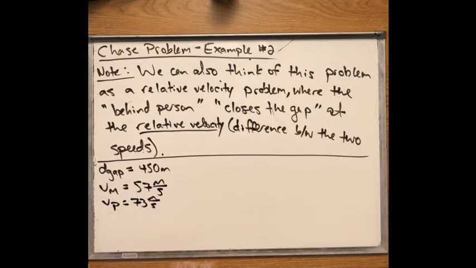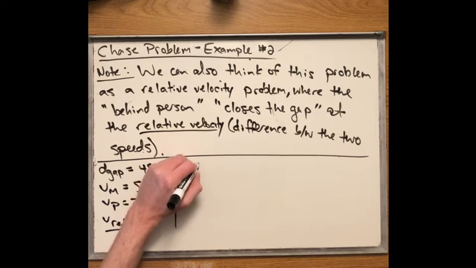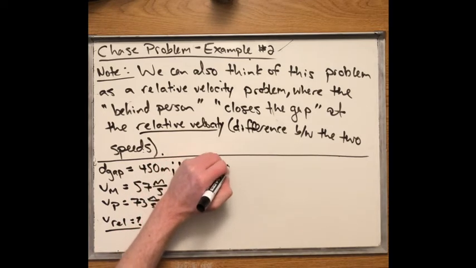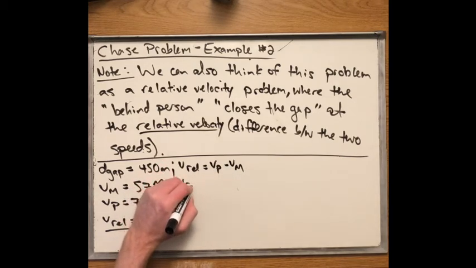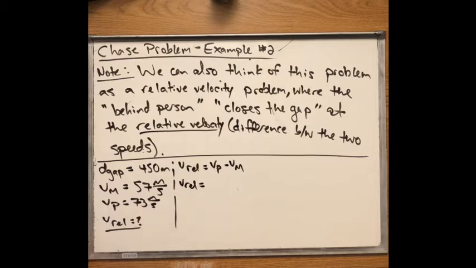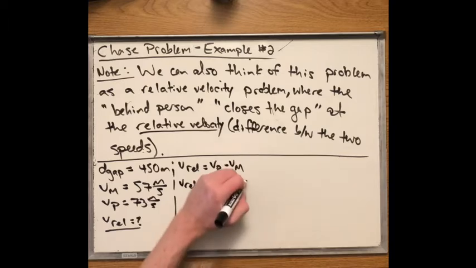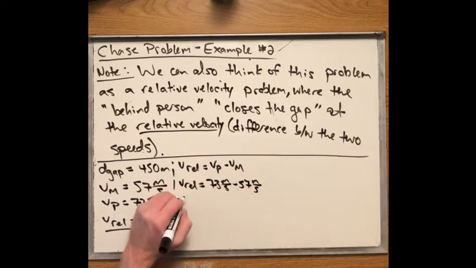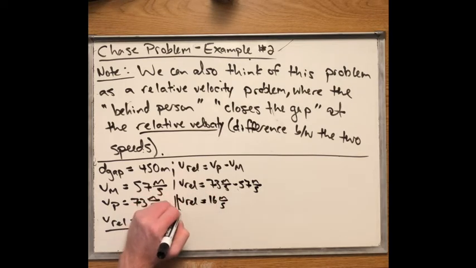And we're going to look for the relative velocity first. So, pretty easy. The relative velocity, which I'm going to label as v rel, is the velocity of the police officer, it's always just bigger minus smaller, minus the velocity of the motorist. And so that number is going to be 73 meters per second minus 57 meters per second. And that's 16 meters per second.